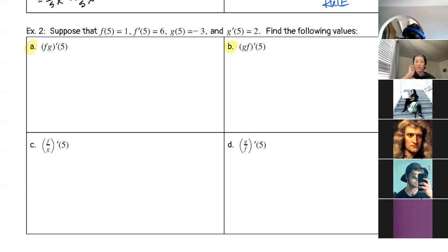Take a moment to do some thinking, but what can we say that part A and part B are asking in words?